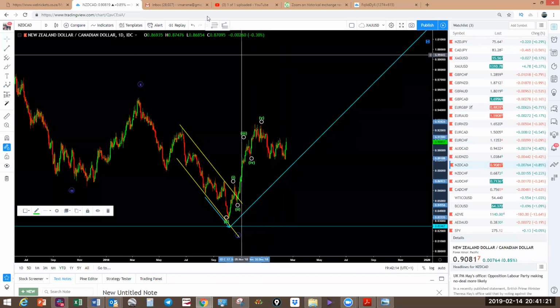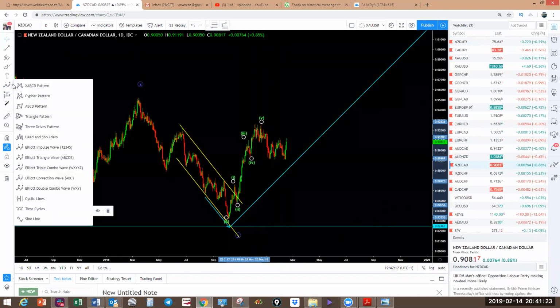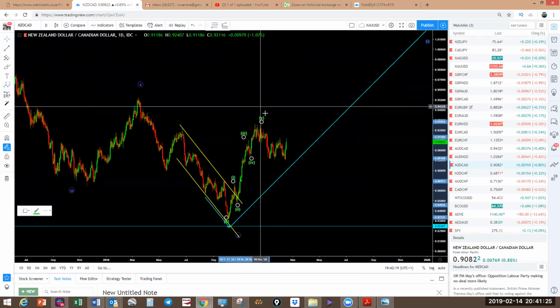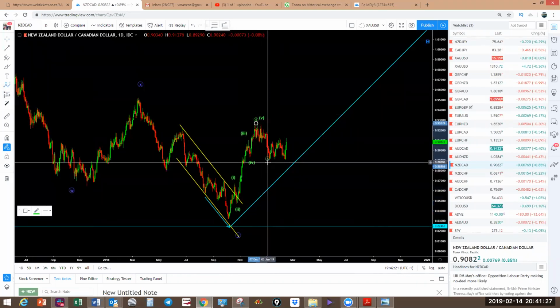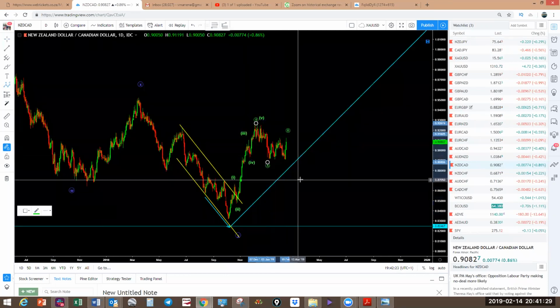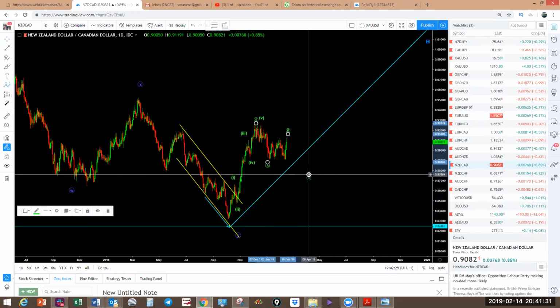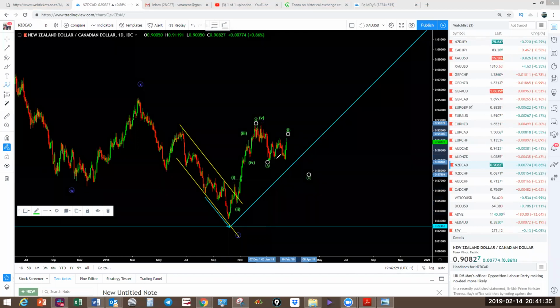Okay, so this looks like it's making now ABC, after which we'll see what happens from here. So this will be this move, corrective structure.